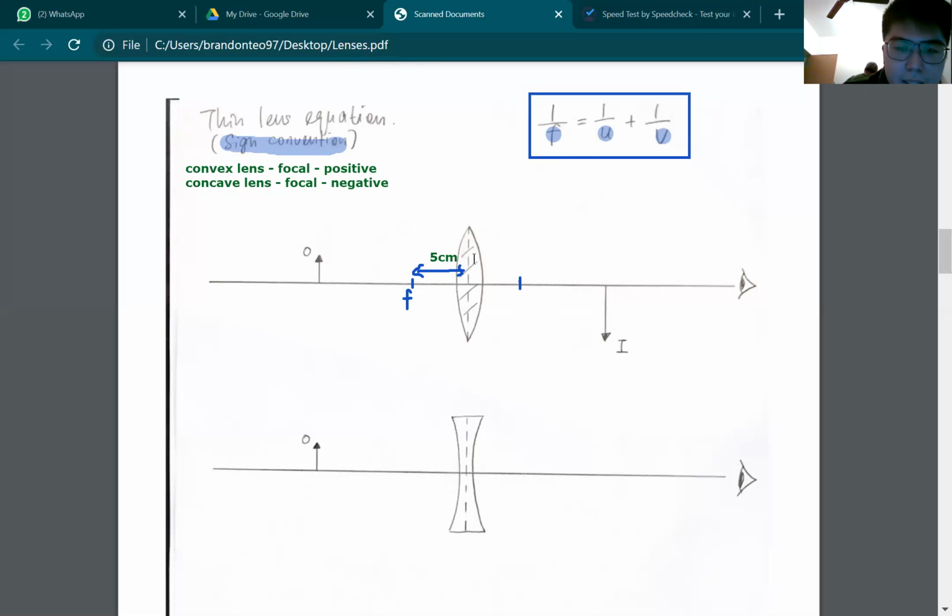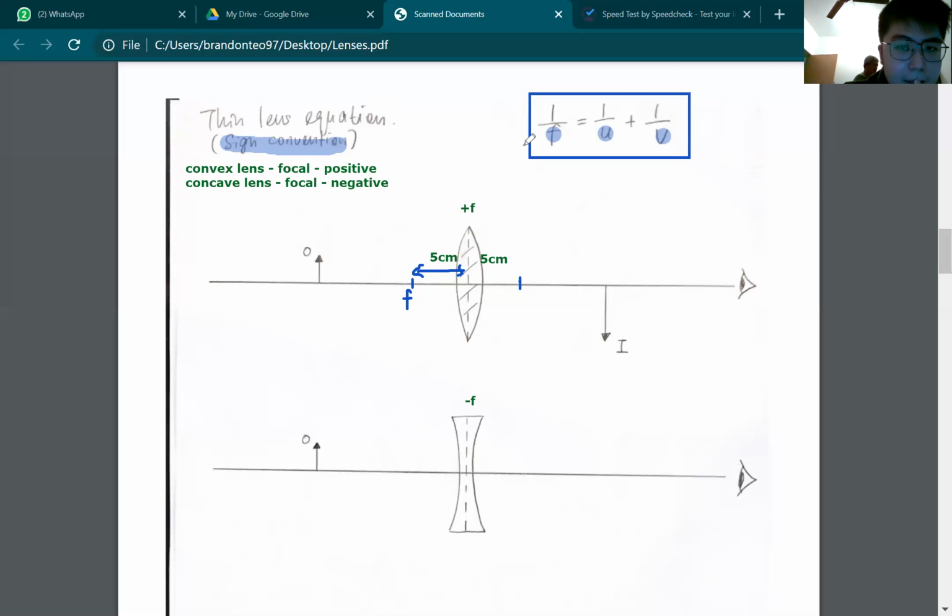Doesn't matter if it's on the left side or on the right side, you are still going to take 5 cm positive. Okay, so for this one 是永远是加 focal point. 然后 for concave 呢，它是永远是减 focal point. Okay, 如果它 focal point 是10 cm， 你永远拿减10 for concave lens.